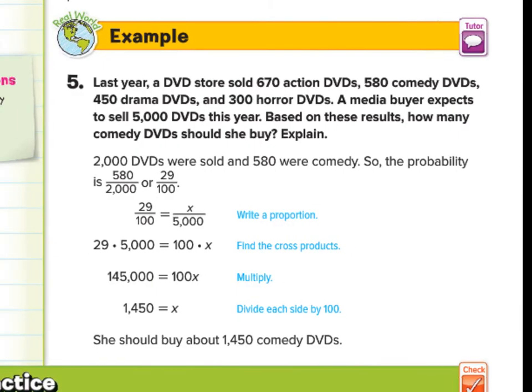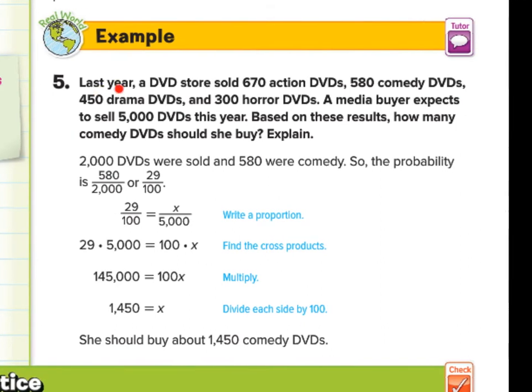Example 5. Last year, a DVD store sold 670 action DVDs, like action movies, 580 comedies, 450 drama, like sad movies and whatnot, and 300 horror DVDs. A media buyer expects to sell 5,000 DVDs this year.